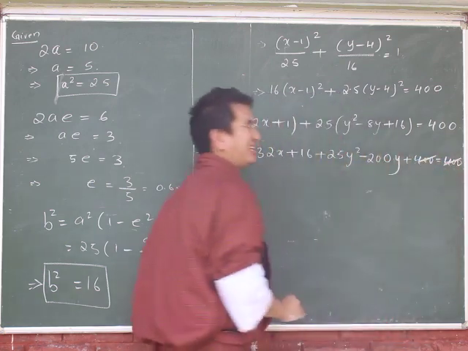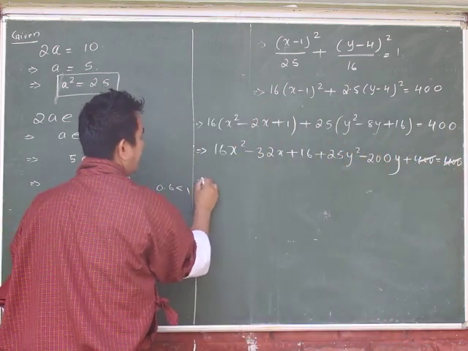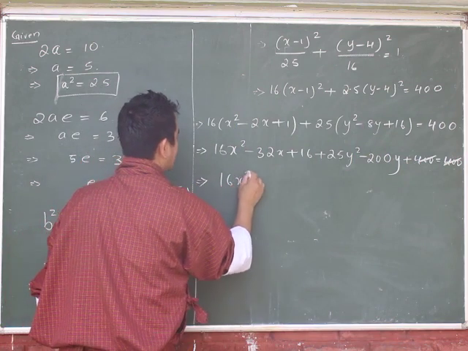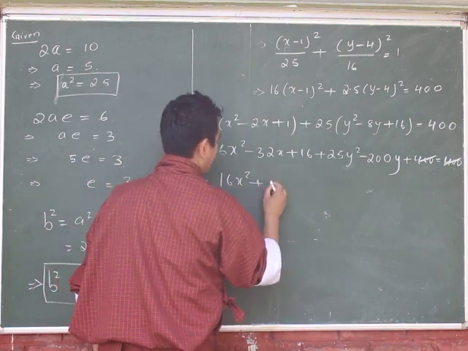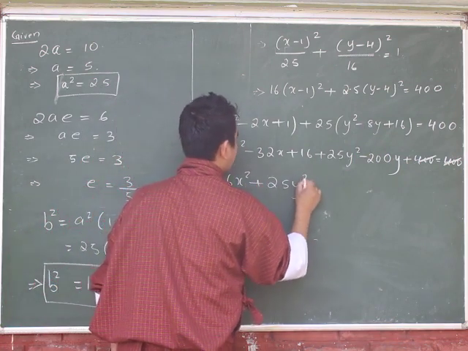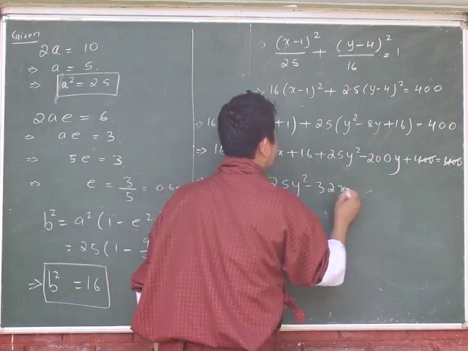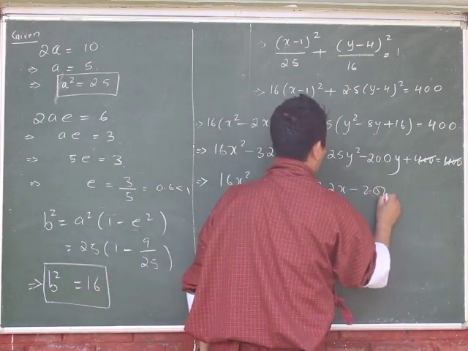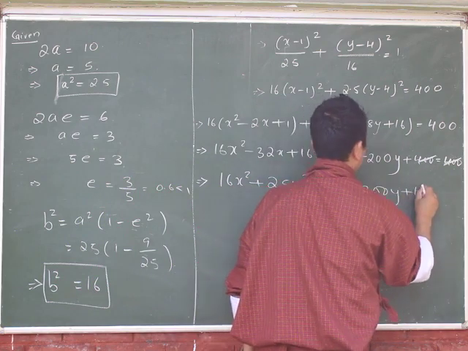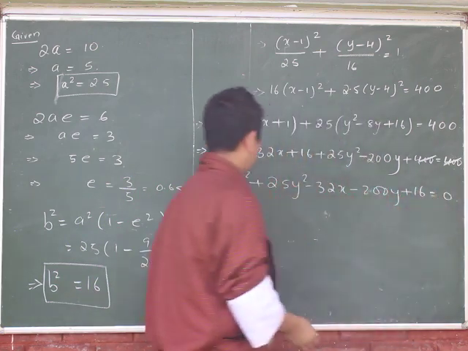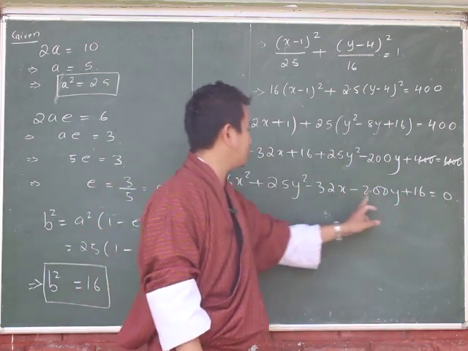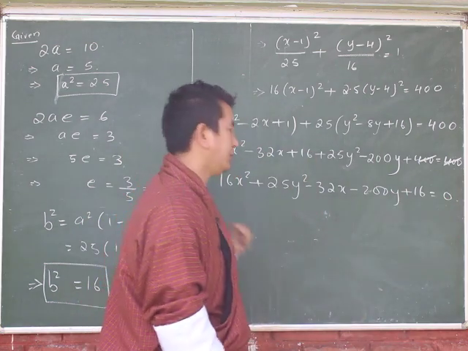This 400 will get cancelled. Finally we have 16x square plus 25y square minus 32x minus 200y plus 16 is equal to 0. Any common factor? 16 and 32 have a common factor, but not with 25.